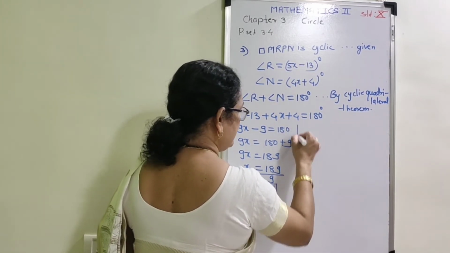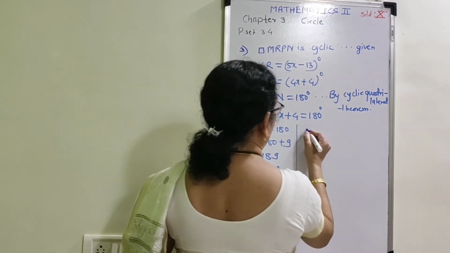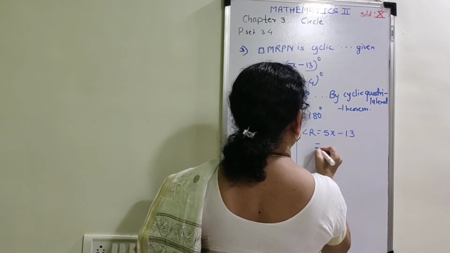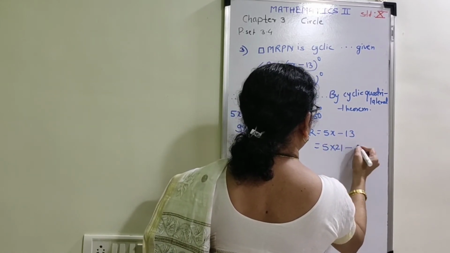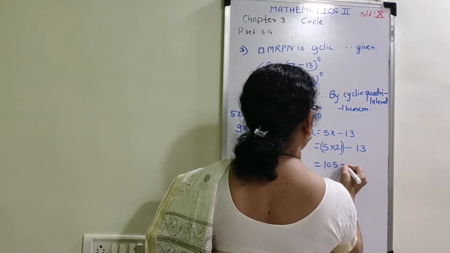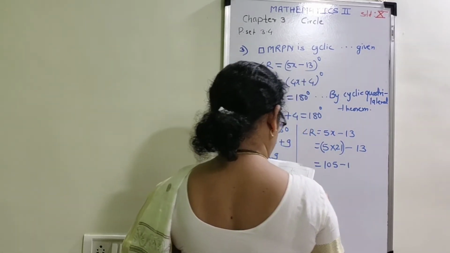Now we will substitute this value. Angle R is equal to 5x minus 13. 5 into 21 minus 13. That is 105 minus 13.